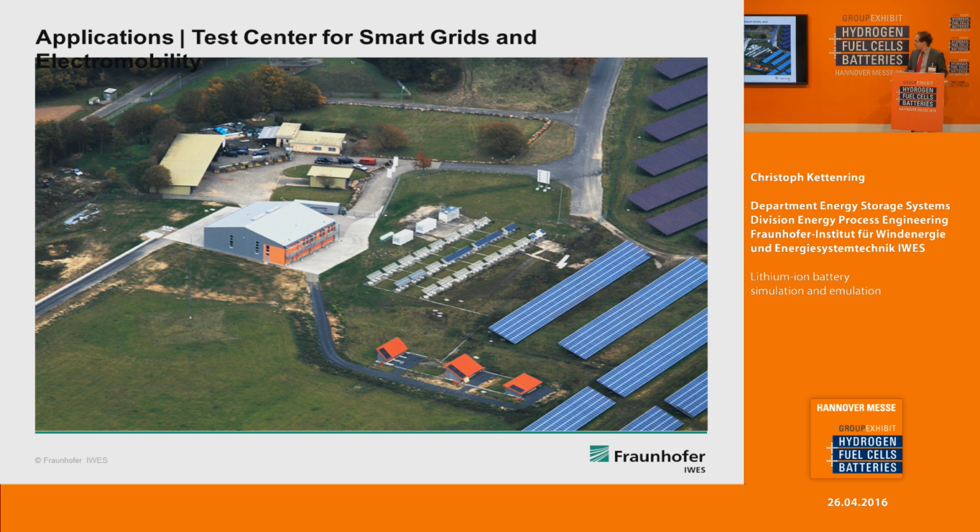You not only can simulate with our software, you can, with a real-time feature, also connect it to an emulation. For example, in our test center for smart grids and electromobility in Kassel.